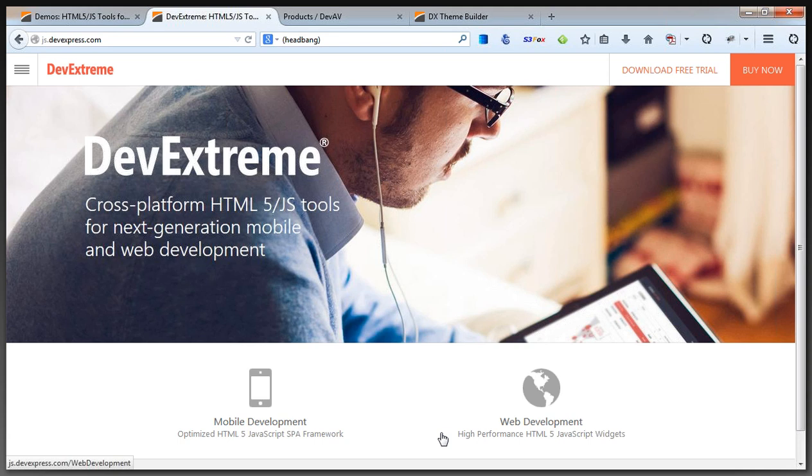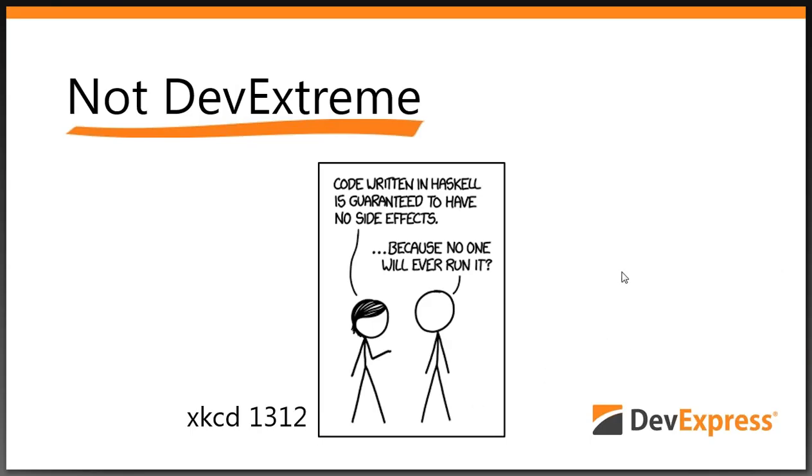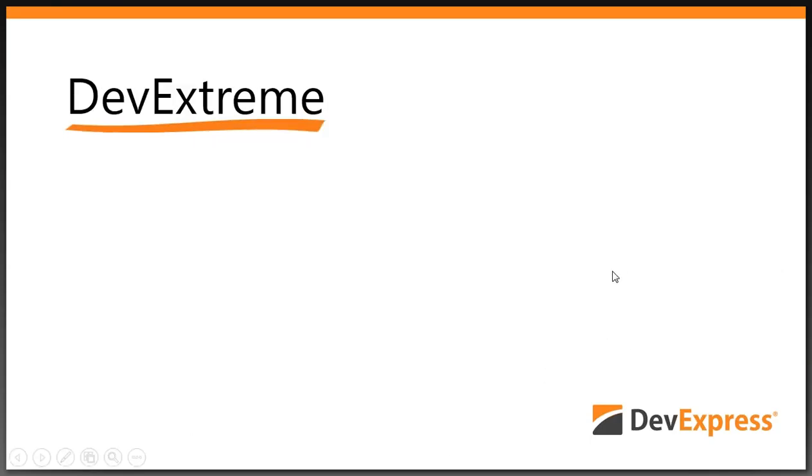So we're basically saying DevExtreme is now a product that not only, as it did in the past, creates mobile applications for smartphones and tablets and what have you, but also these days for desktop browsers, for creating great-looking modern web applications, pure client-side, for the web. So, not like Haskell.